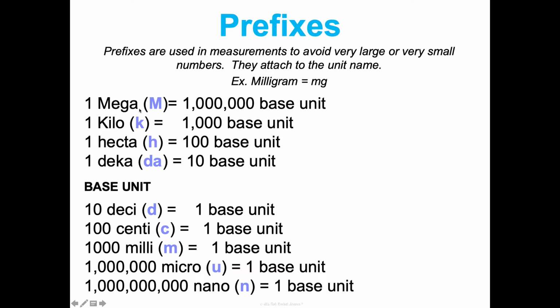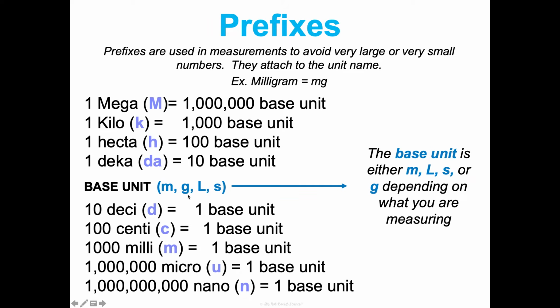One of the prefixes is mega. 1 mega of something is 1 million of it. 1 kilo of something is 1,000 of it. And I say base unit, that's going to be like meters for length, grams for mass, liters for volume, seconds. So you can have centigrams, milligrams, hectoliters, kiloliters. These are things we can add on here.